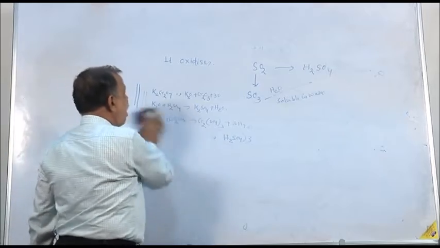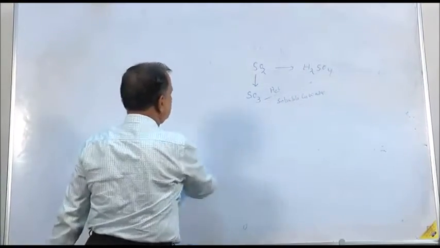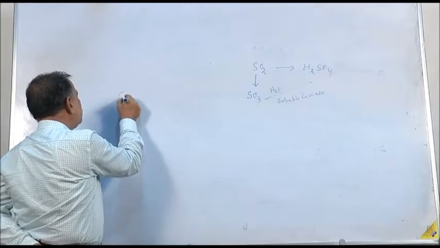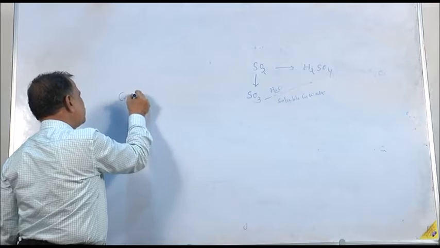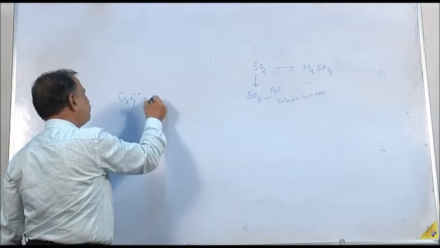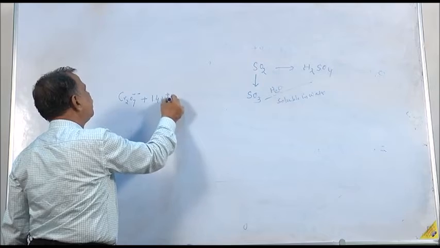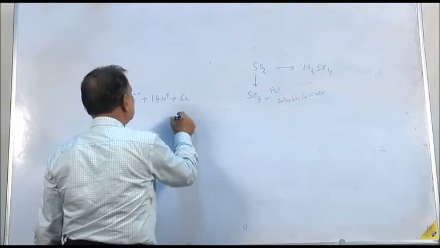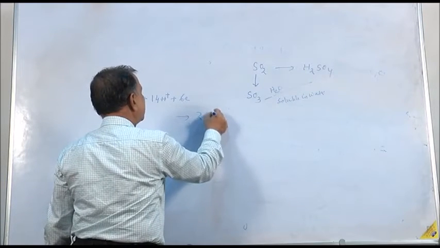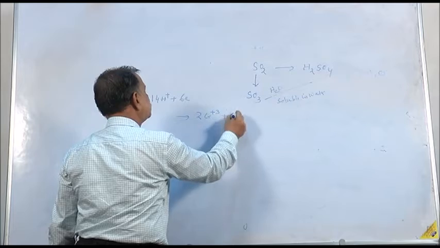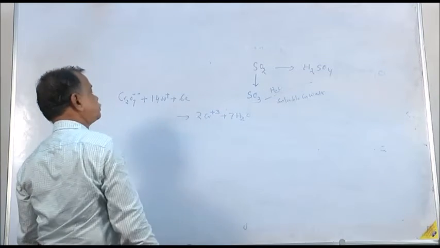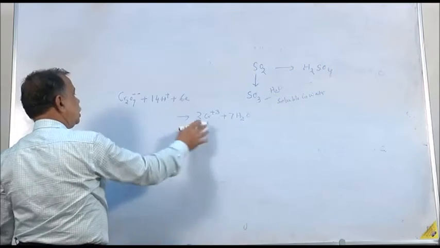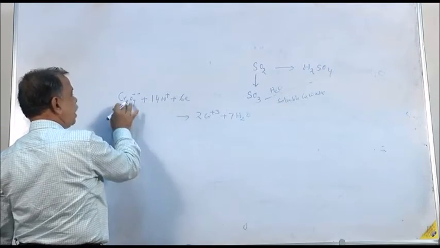Now ionically we write Cr2O7 2-, same method, plus 14H plus 6e, it will form 2Cr3+ plus 7H2O. This balances: plus 12 here, plus 6 here.